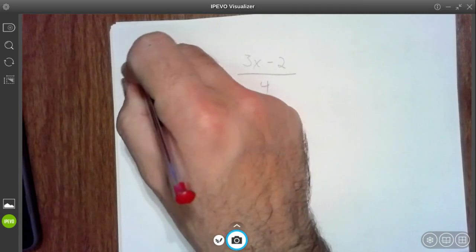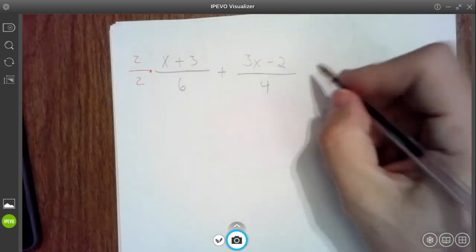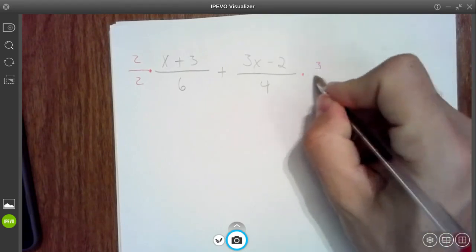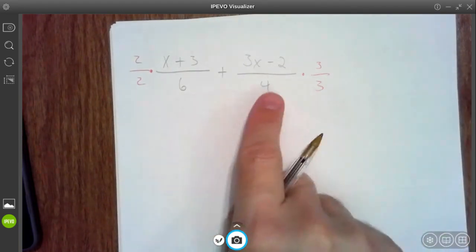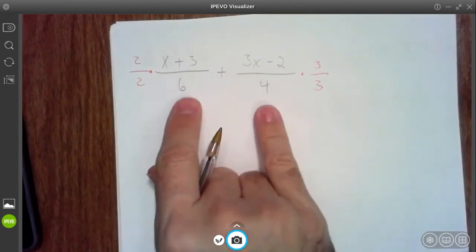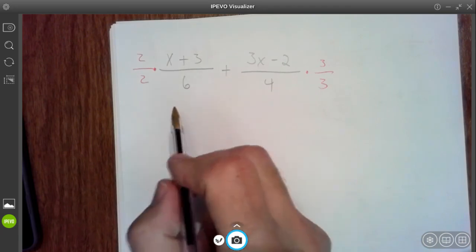So I'm going to multiply the top and bottom by 2 on this one. And for this fraction, I want that denominator to be a 12 as well. So I'm going to multiply top and bottom by 3. All right. 2 times 6 is 12, and 4 times 3 is 12. That's a number where these two numbers meet up in multiples.